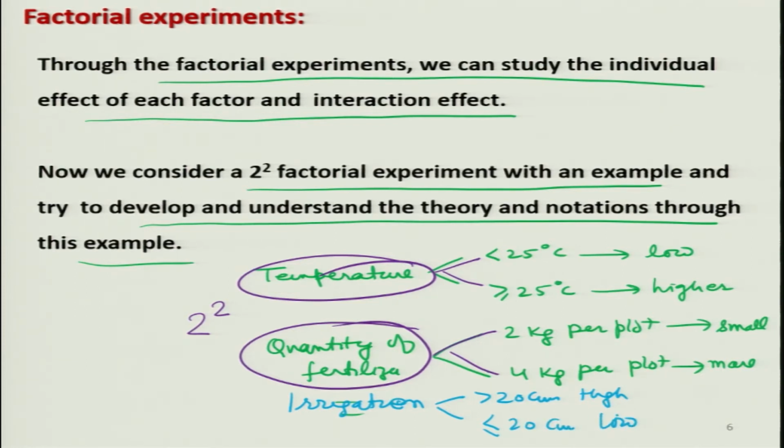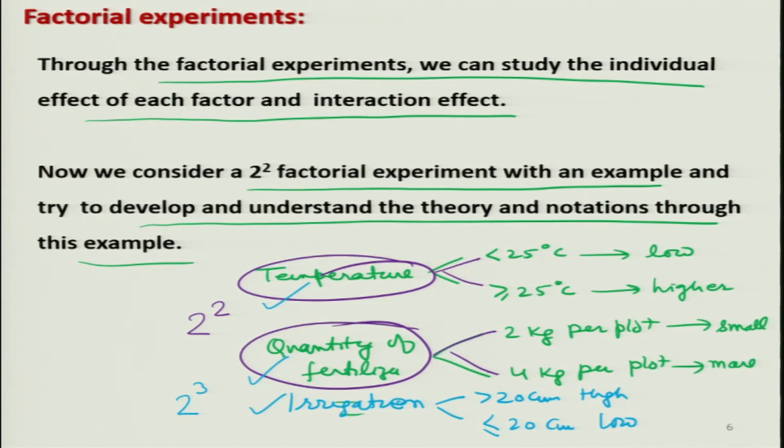So, now you have added one more variable. So, now you have 3 variables: temperature, quantity of fertilizer and irrigation, and each of them is at 2 levels. So, this type of experiment will be called a 2 cube factorial experiment.